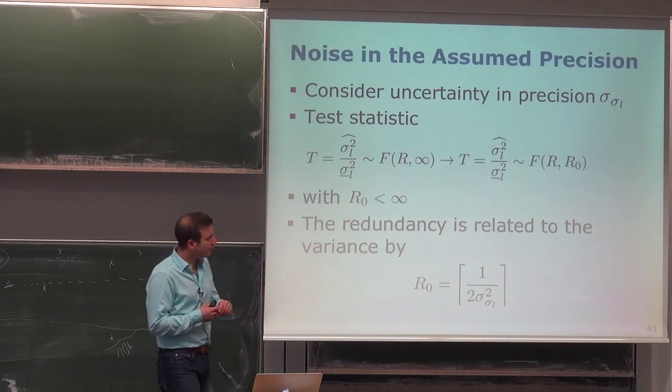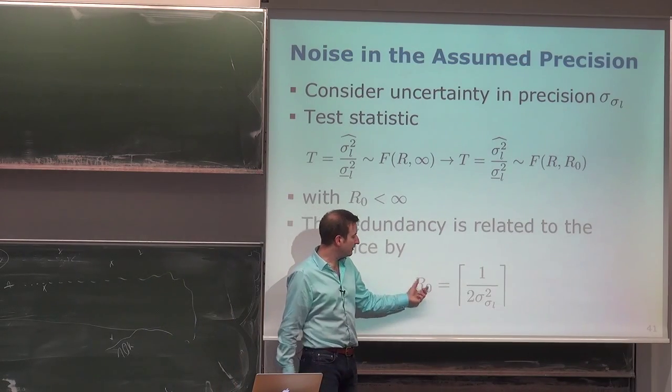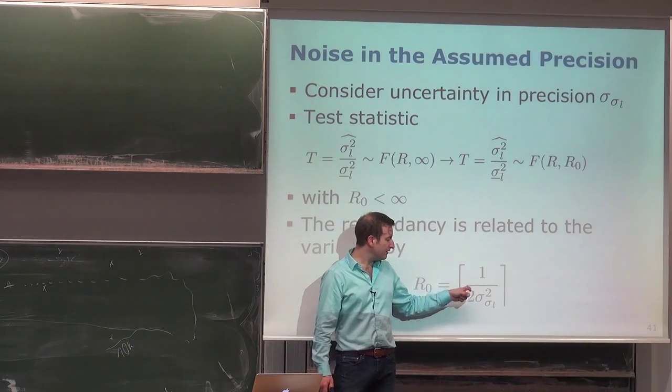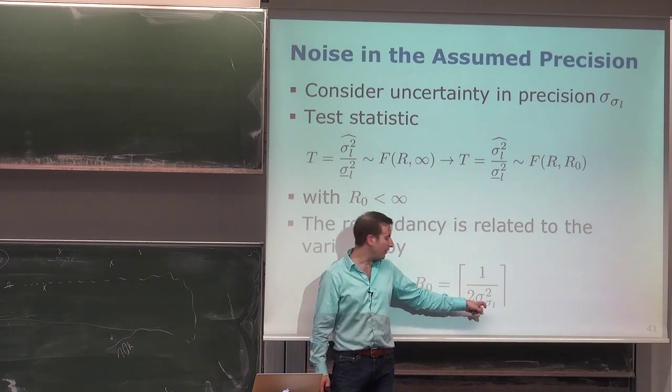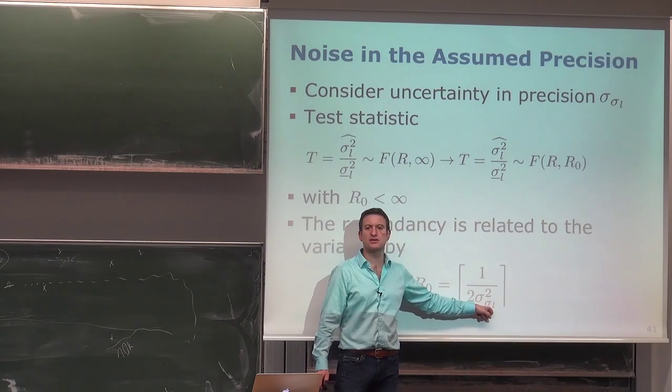And so the good thing, there's a direct relation, at least an approximation for a direct relation, between this redundancy value that I need to put into the F-test and the variance about the standard deviation of how accurately I can measure points.